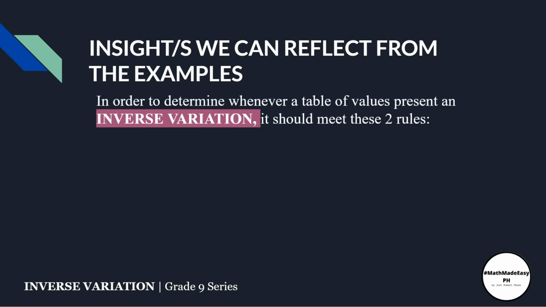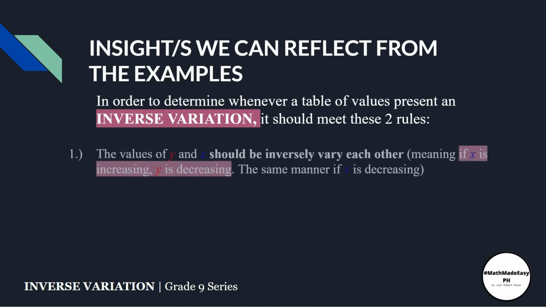Ito ang mga insights na makukuha natin galing sa mga halimbawa. In order to determine whenever a table of values presents an inverse variation, it should meet these two rules. Dapat the values of y and x should inversely vary with each other. Meaning, if x is increasing, y is decreasing.